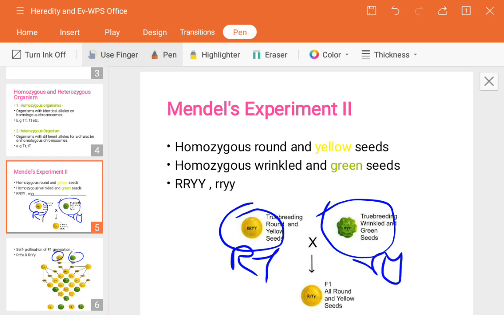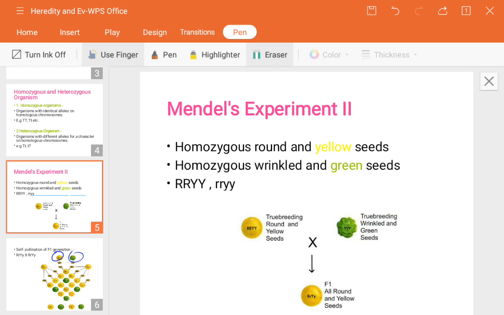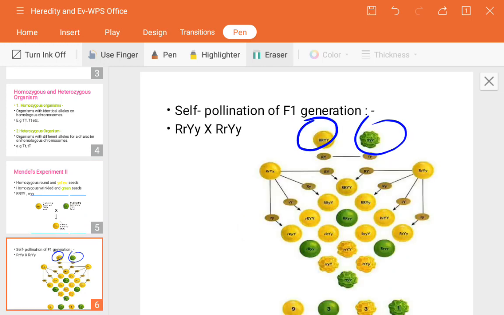After we crossed them, same here also, instead of choosing, they just crossed among themselves. They kept capital R, capital Y, then capital R again with small y, that will be crossed again, and small r, you can see small r will be carried out again.